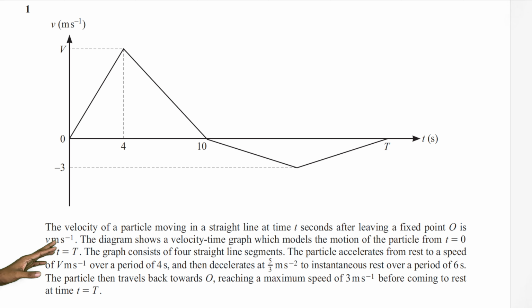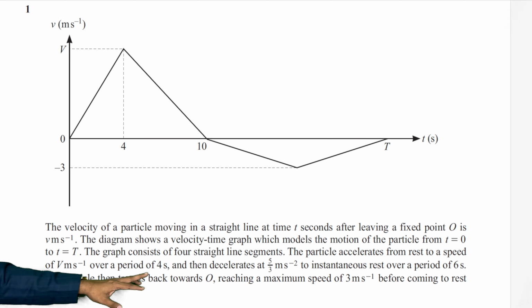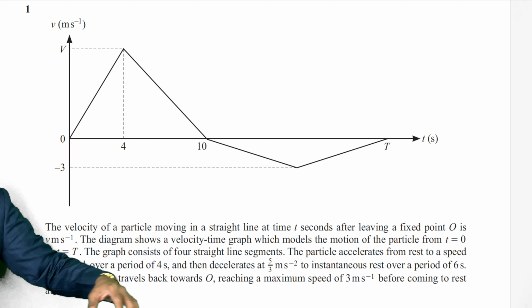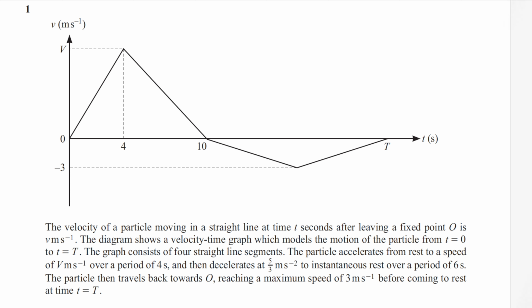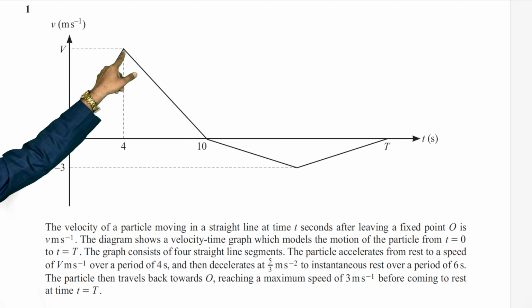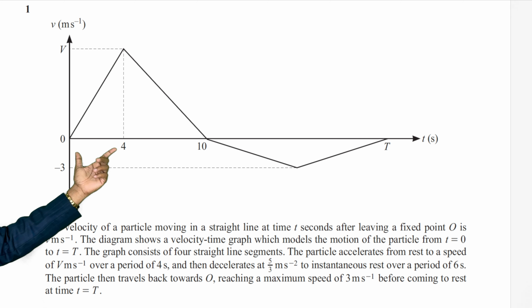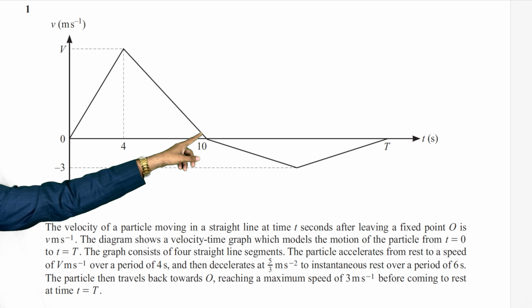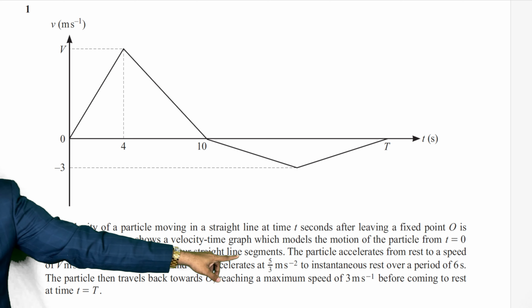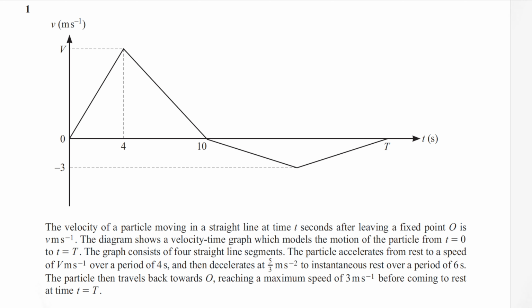In the question, it is given that the particle accelerates from rest to a speed v meters per second. So this is the maximum velocity, v meters per second, for 4 seconds, right? Then again it starts decelerating, negative acceleration, and the value is given as 5/3 meters per second squared. Okay, the detail is given here.